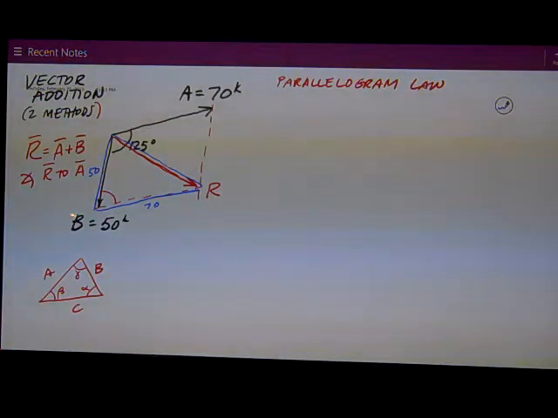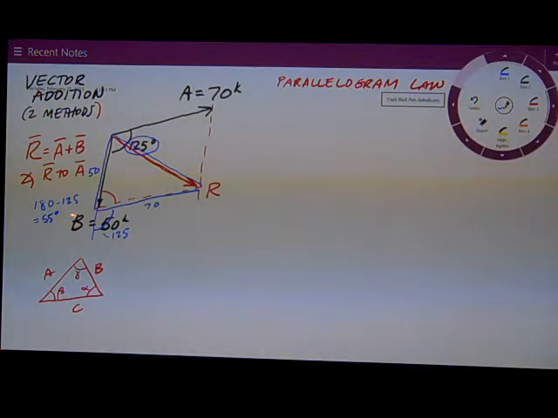By supplementary angles, I can extend this line of action of B, and if I've got a 125 degree angle right here between A and B, then I've got that same angle right down here, like when you have two parallel lines intersected by what's called a transversal. 125 is this angle down here, meaning if this is a straight line, the angle I'm interested in is 180 minus 125, 55 degrees. So this angle is 55 degrees.